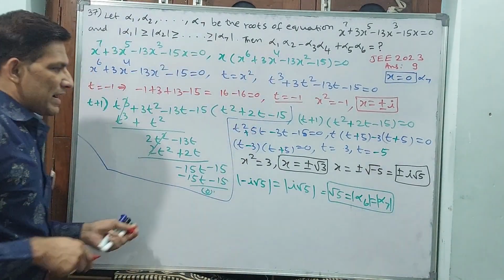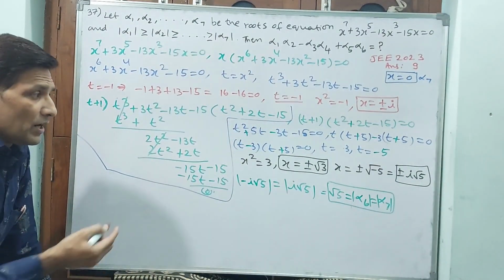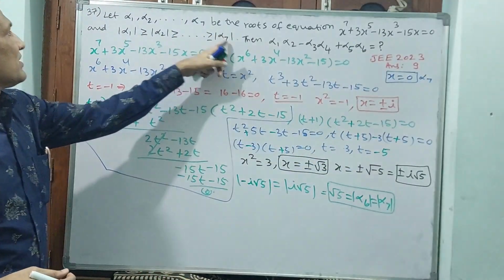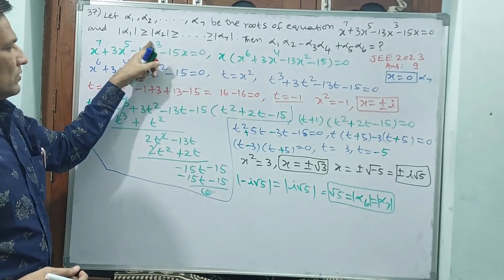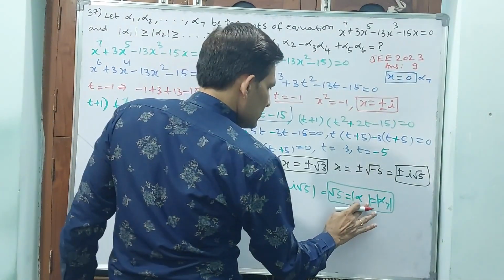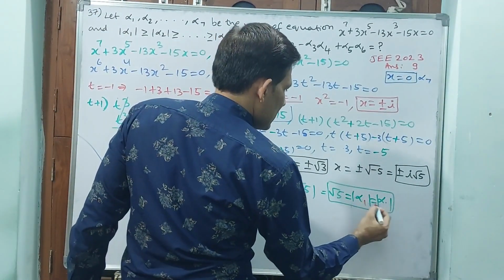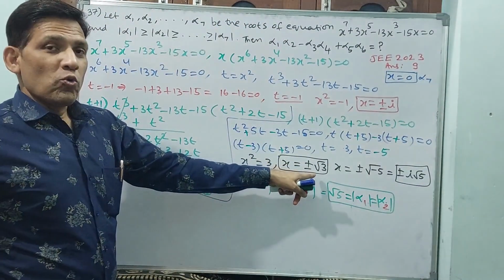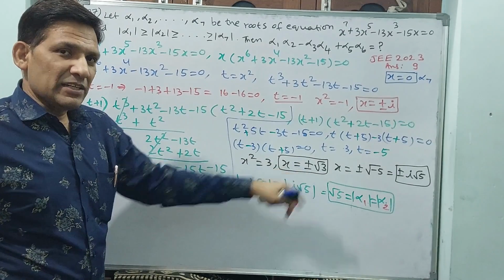Now go back again. Now see, 0 is always alpha 7, why? Because least. Highest is alpha 1 and alpha 2, root 5 has come. Root 3, if you apply modulus, automatically minus also going to become plus.